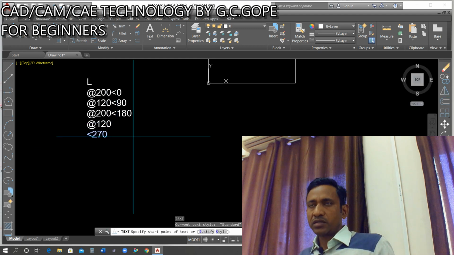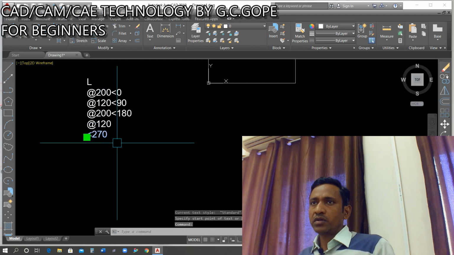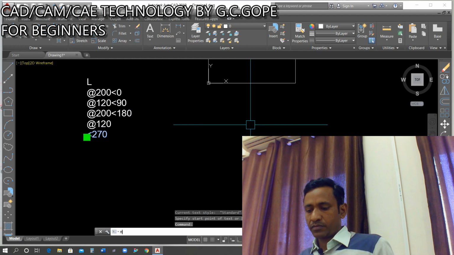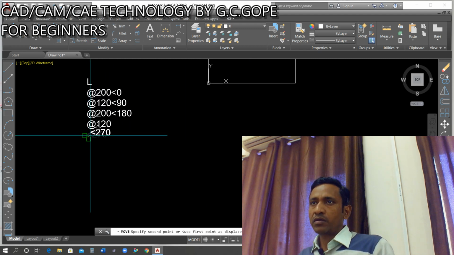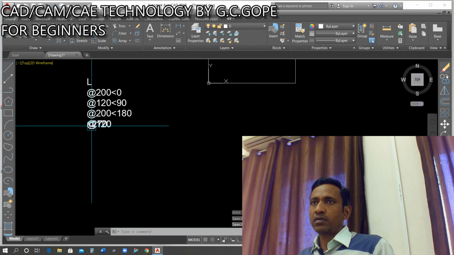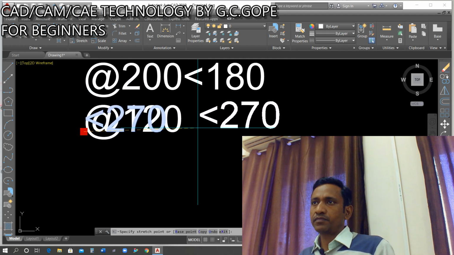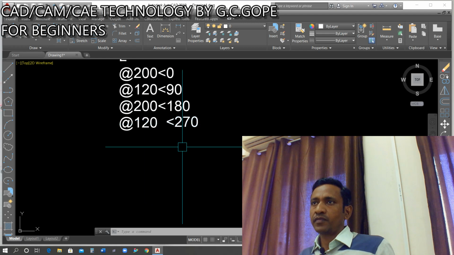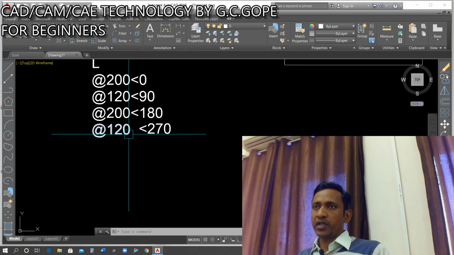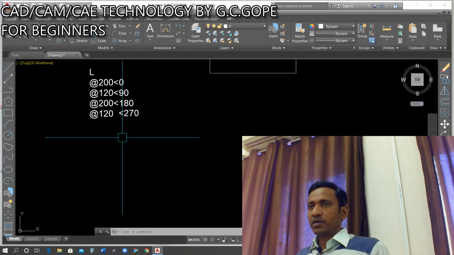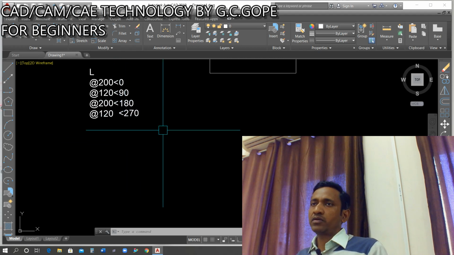So this is how to use the polar coordinate. Let's draw the rectangle with the help of these coordinates.